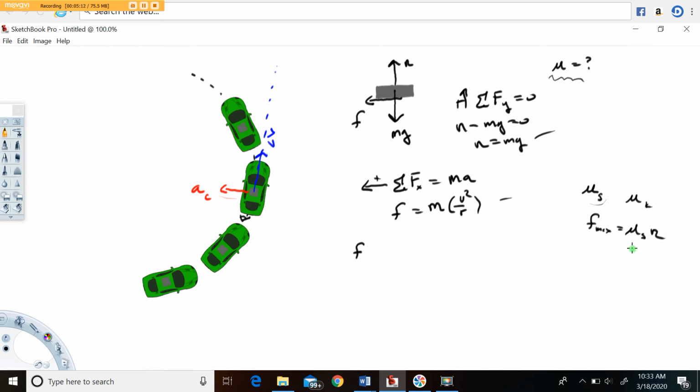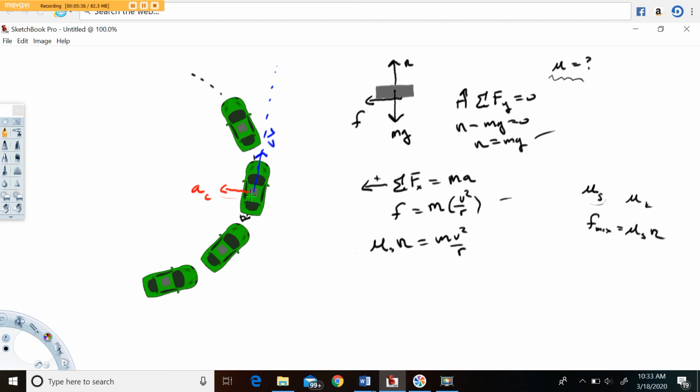So I'm going to go ahead and insert this for our frictional force. In fact, I'll just get rid of this. So we have coefficient of static friction times our normal for our frictional force equals mv squared over r. This would be true right as that book broke free from the surface of the car.